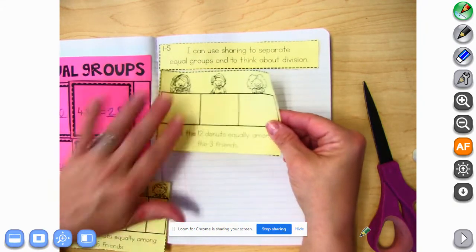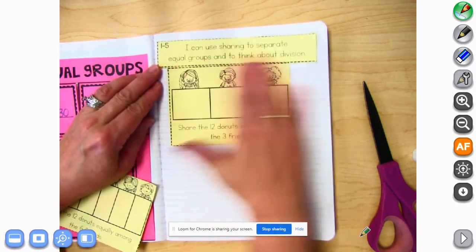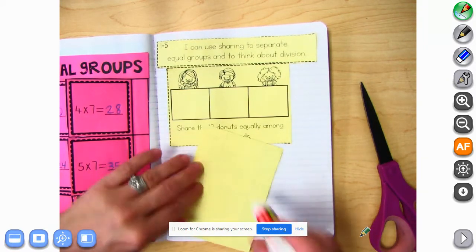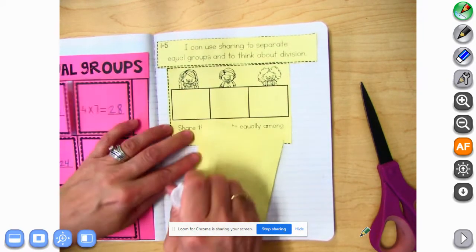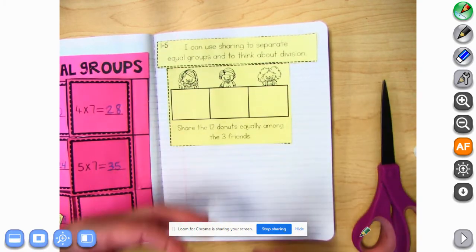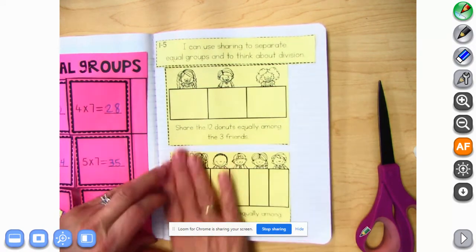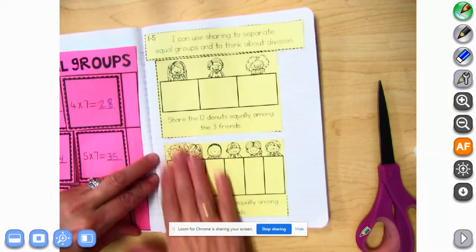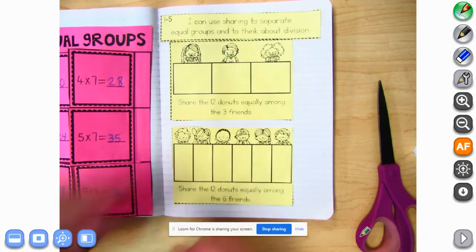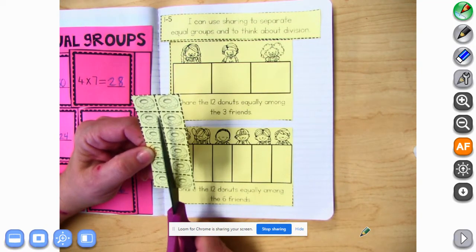Okay, and then next I'm going to get the other one that has more kids. Go around the edges and zigzag across. Okay, so I have everything like that glued in. Now what you're going to do is take your donuts and we're going to cut them up into separate donuts.